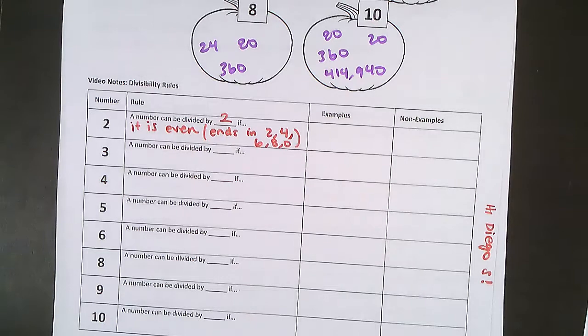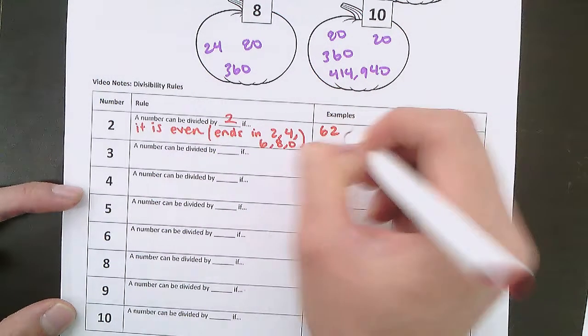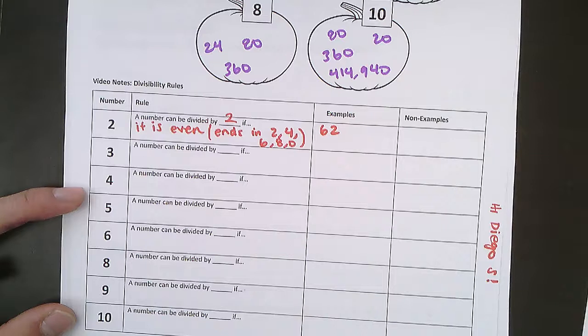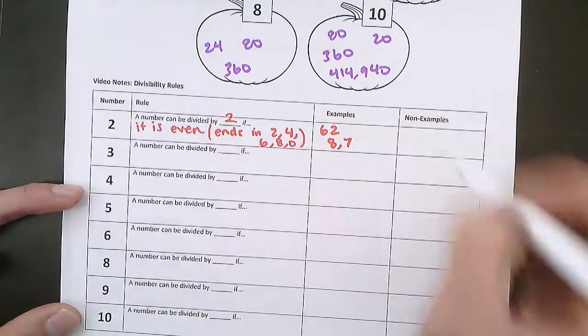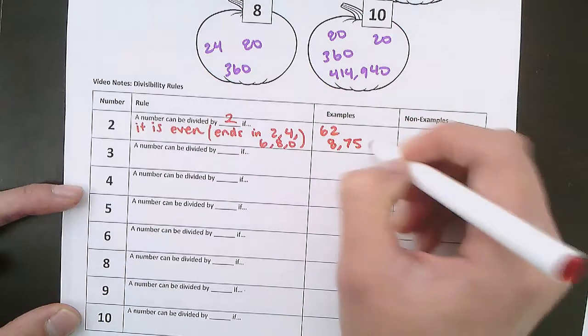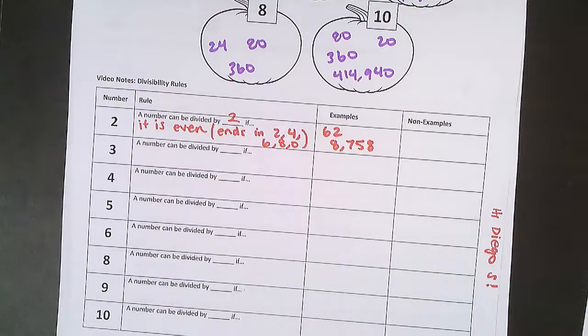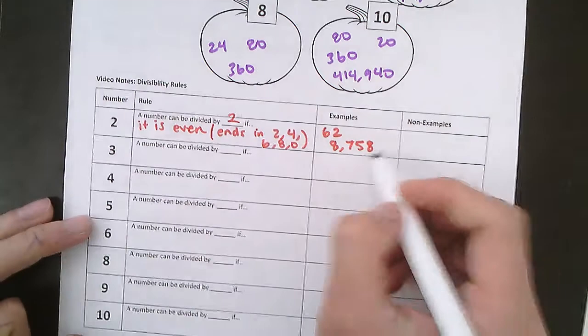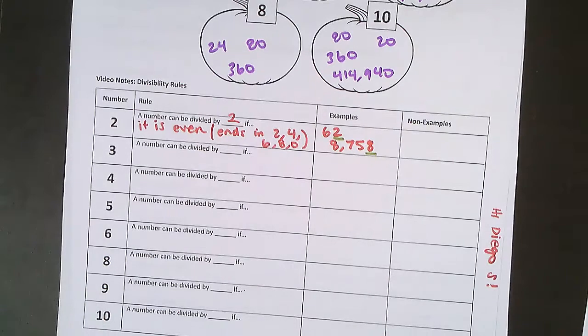Those are all of our even numbers. So an example might be 62, because it ends in a 2. That's an even number. Or 8,758. It ends in an even number, which is a 2, 4, 6, 8, 0. So both of those are divisible by 2.